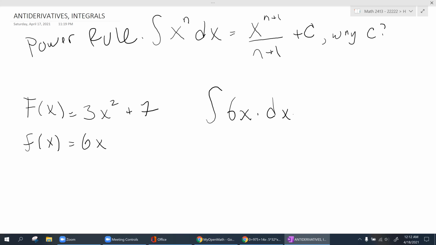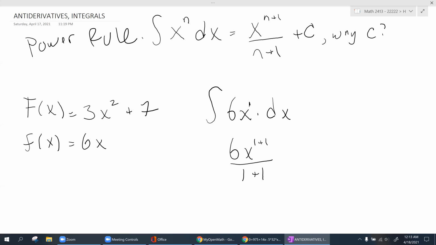So the rule here is you take the exponent, add 1, and then divide by the new exponent. In other words, for this function, this is 6x raised to the 1 plus 1, divided by 1 plus 1.